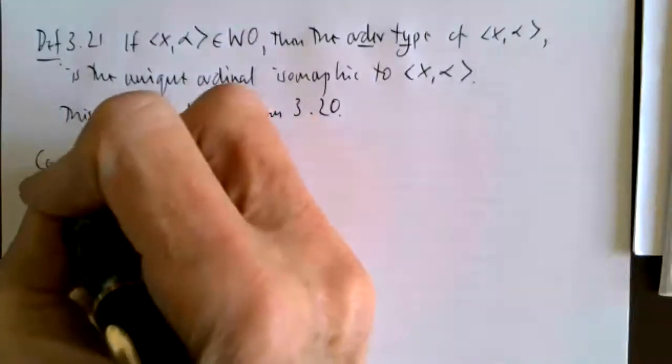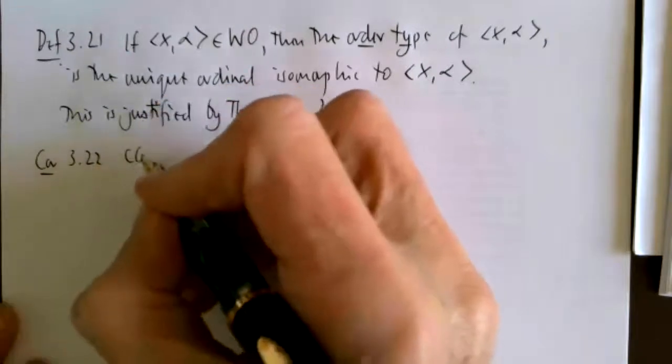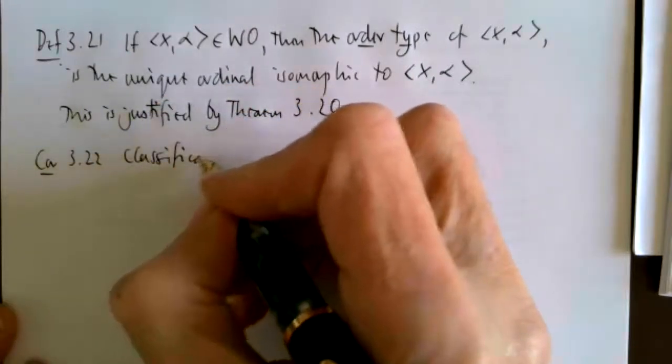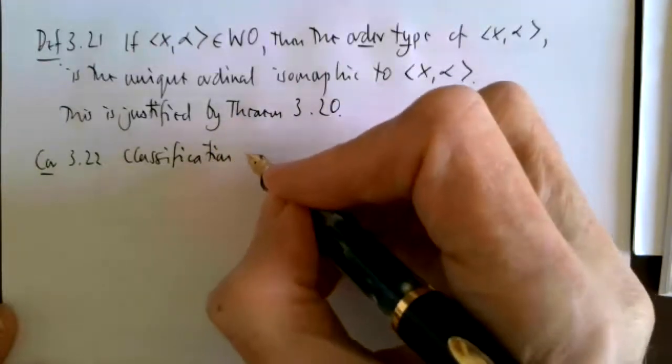And the corollary, again, of that theorem, 322, I'm calling this the classification theorem for well orderings.